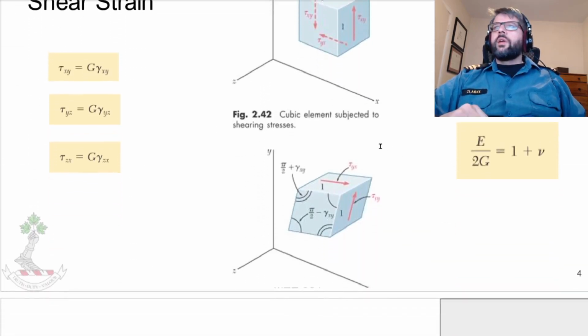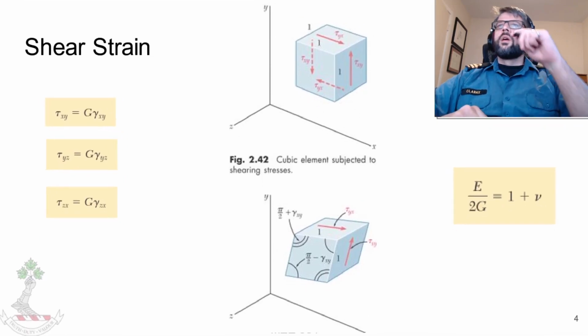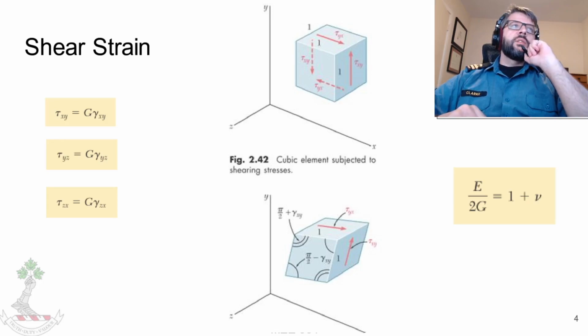Also got our handy dandy shear strain here. Shear strain, thankfully, does not have a Poisson's ratio-like effect.